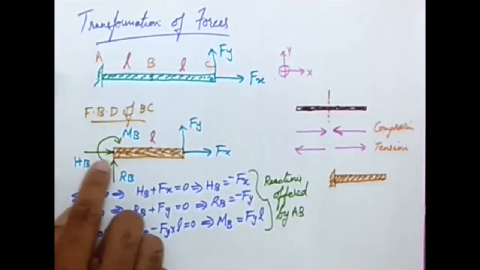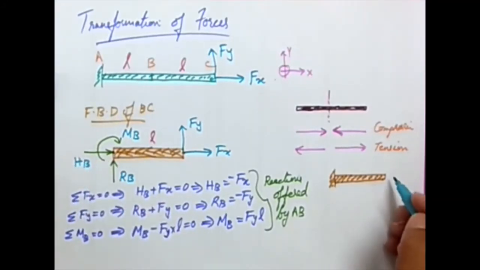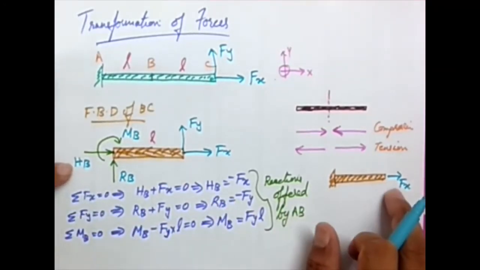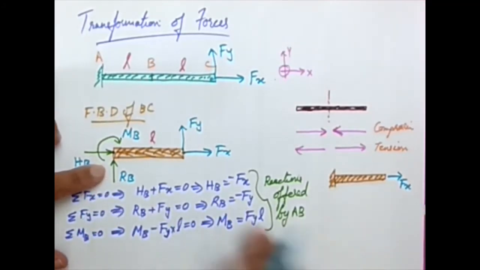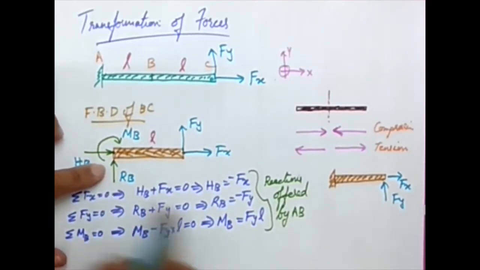So reaction is to the left, minus Fx. So what will be the action at this point? It will be Fx, right? HB is minus Fx. So this is going to be plus Fx. Similarly, RB, I got it as minus Fy. So here it's going to be plus Fy.